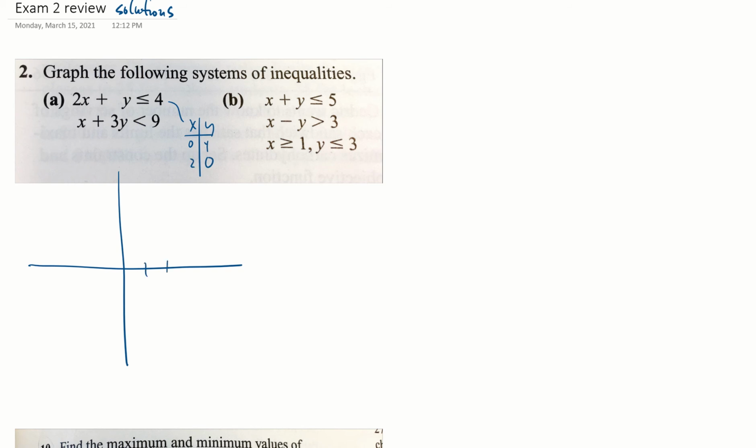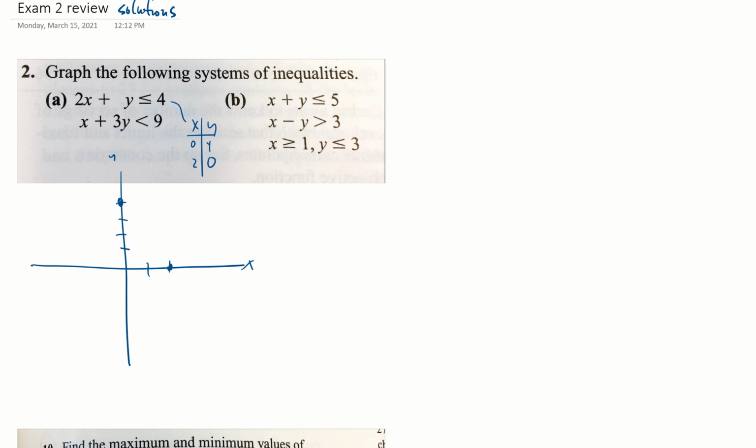So x and y, 0, 4, and 2, 0. And since it's equal to, it's a solid line. Which way do I shade? Well, I'm going to plug 0, 0 in. 0 plus 0 is in fact less than 4, so I know I'm going to be shading this way, including the point 0, 0.